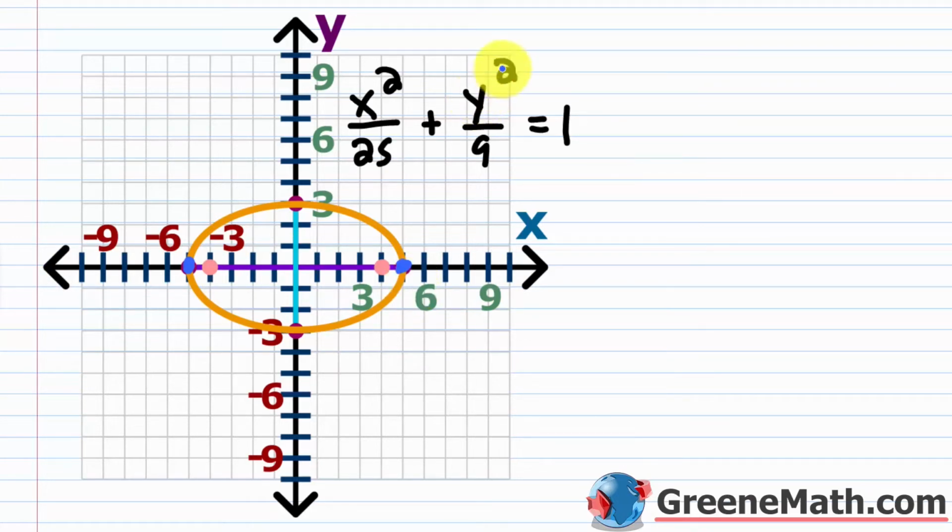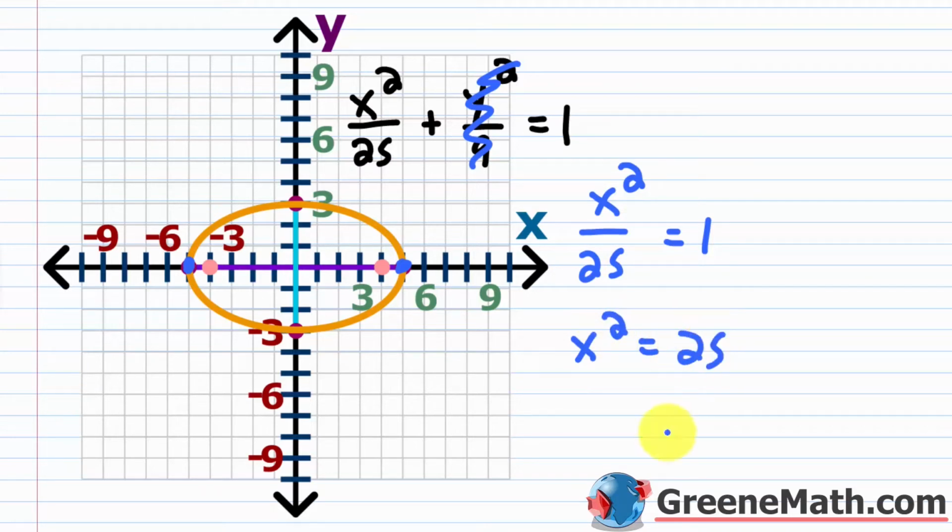So if y was 0, this whole thing would be gone. I would have x squared over 25 equals 1. Now, when you work with the standard form of an ellipse, you're always going to have 1 on the right side. So if I multiply both sides by this denominator, it's always going to set up to x squared equals 25, okay?